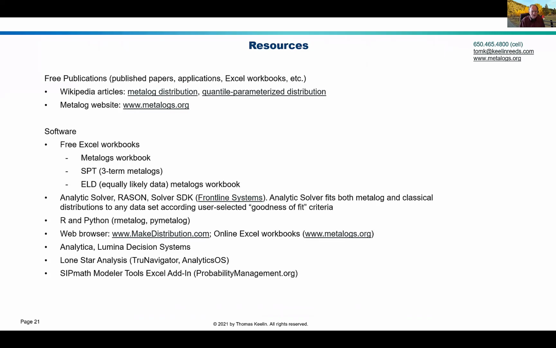It's got a full set of publications. There's free software there. If you want to compare metalogs to conventional distributions, Analytic Solver by Frontline Systems fits both metalog and classical distributions according to any set of data, and uses user-selected goodness of fit criteria, so you can experiment around with both. In any case, that's the quick summary and overview.